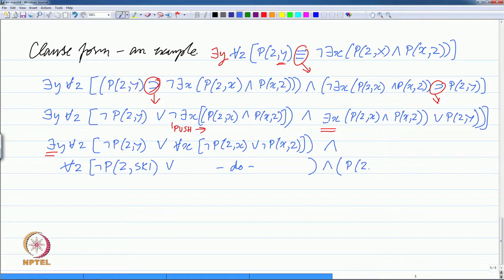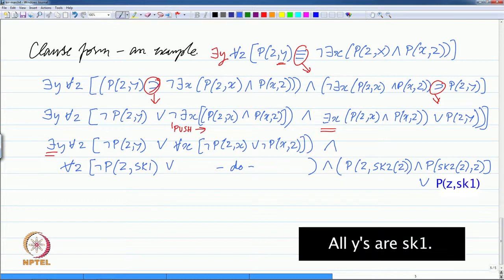Let us call this Skolem function also some sk function. So, let us say sk2 of z, and p sk2 of z comma z and the whole thing with p z y.